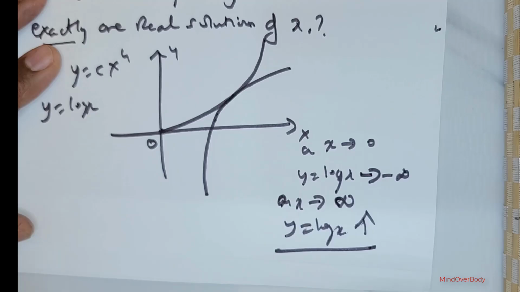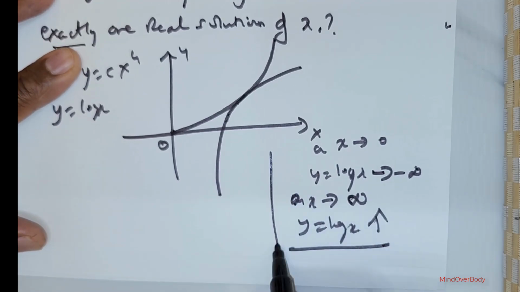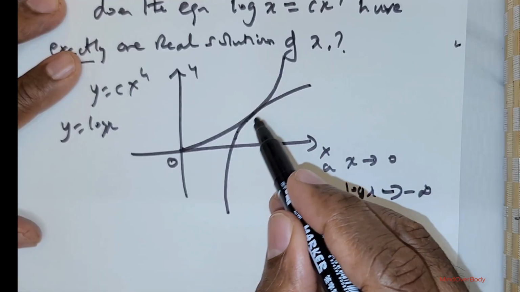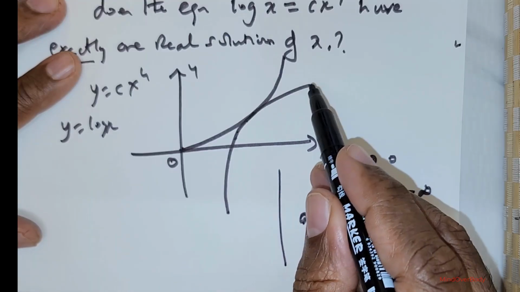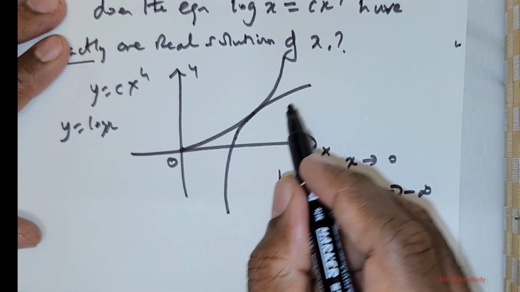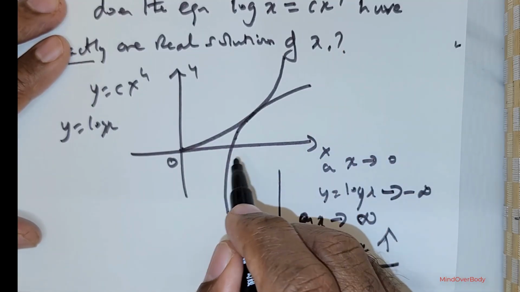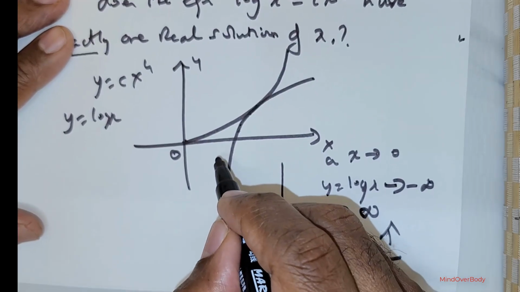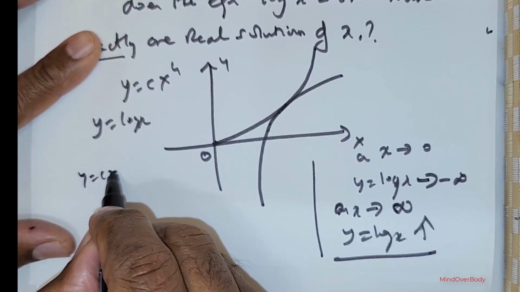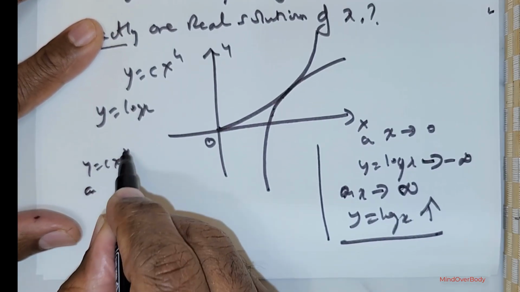So in both the cases what we see here is the function is actually inclined towards two extremities. Above the x-axis it is increasing, and below the x-axis it is going down. Now let us see y is equal to c times x raised to the power of 4.